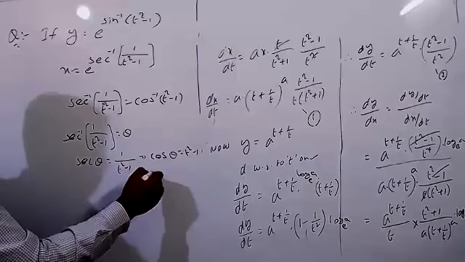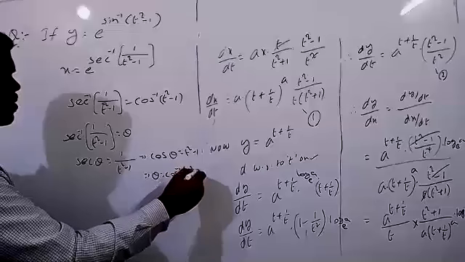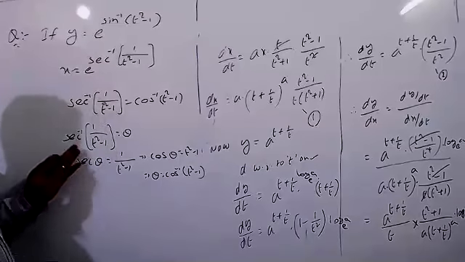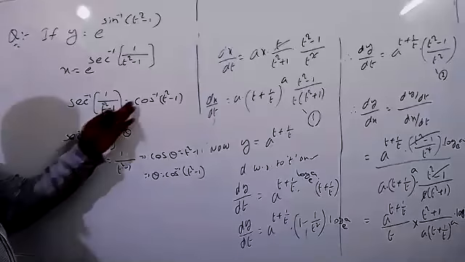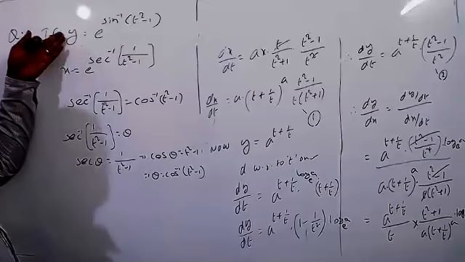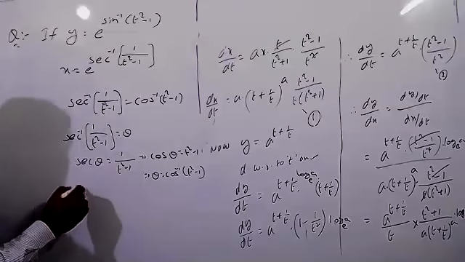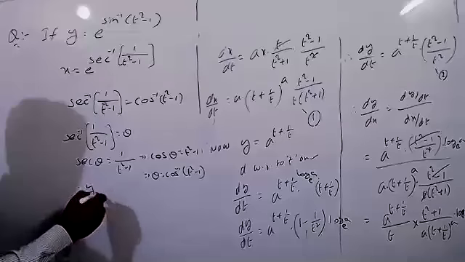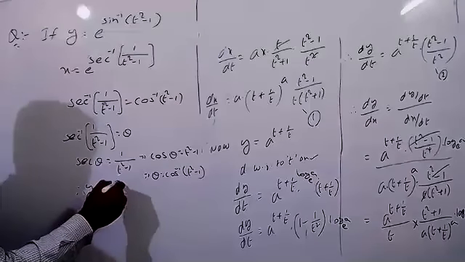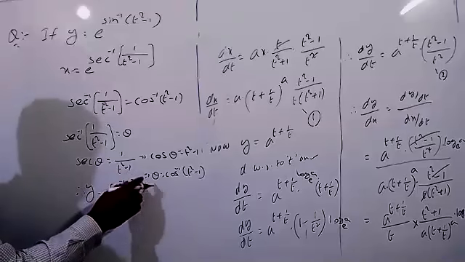Therefore theta equals cos inverse of t square minus 1. But theta equals secant inverse of 1 by t square minus 1, so these two values are equal. That means the value of y equals cos inverse of t square minus 1. That's all. So x equals e power cos inverse of t square minus 1.